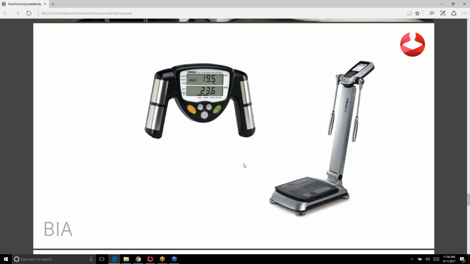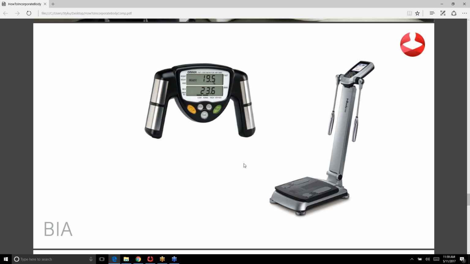Or it may complete a circuit where, and the other devices may act differently, it just completes a circuit for your upper torso and then another circuit for your lower torso, and then uses both. And why is this important? Well, because the hydration at different parts of your body may be different. The body composition or the amount of body fat in different parts of your body may be different.